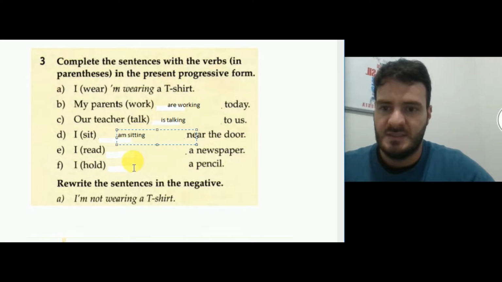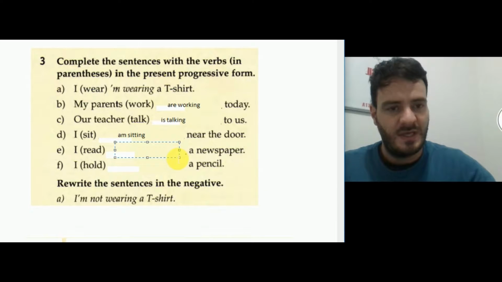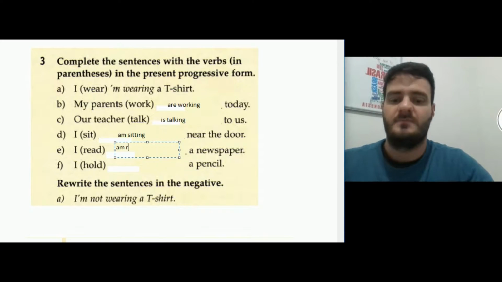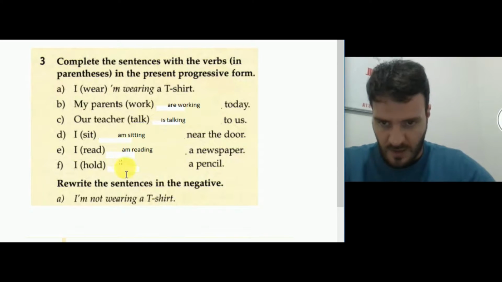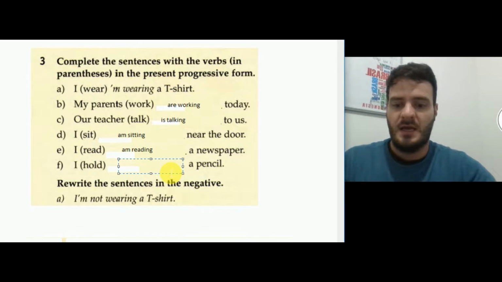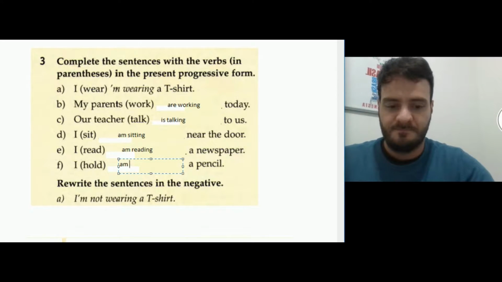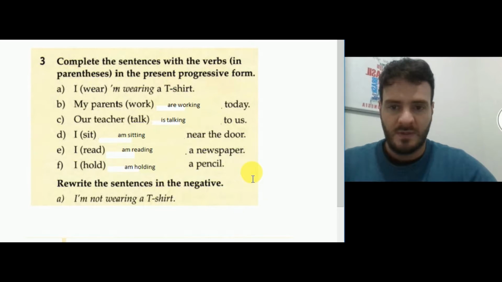I read a newspaper. Okay, but I want progressive. I am reading the newspaper. Hold a pencil. I am holding a pencil. Okay, that's fine.